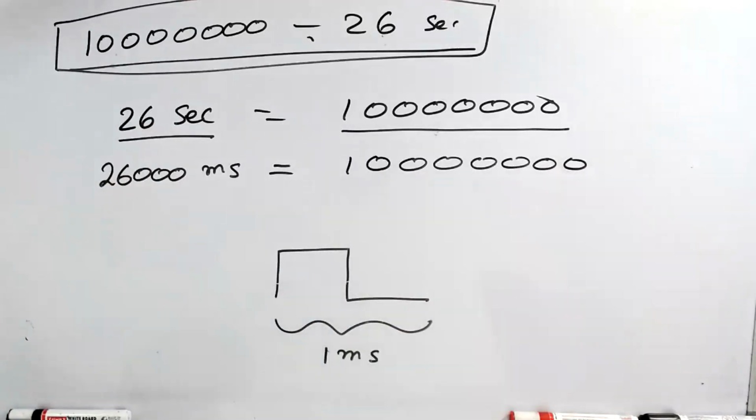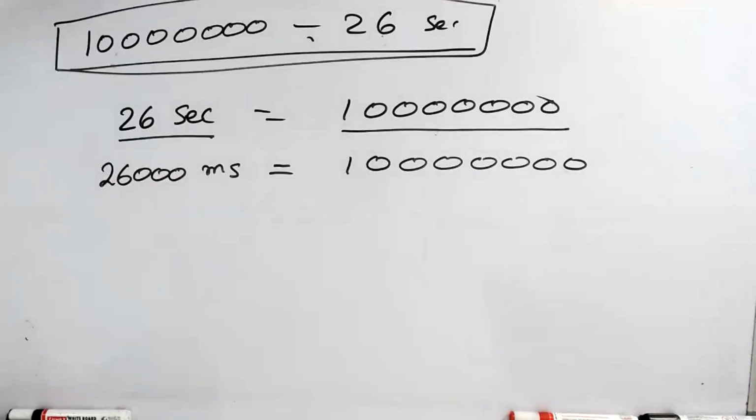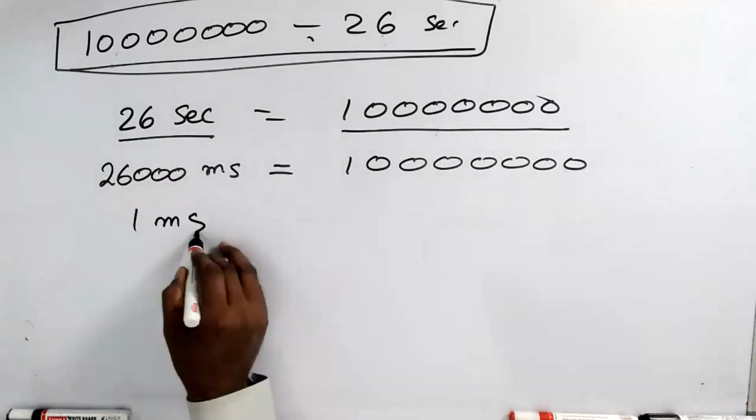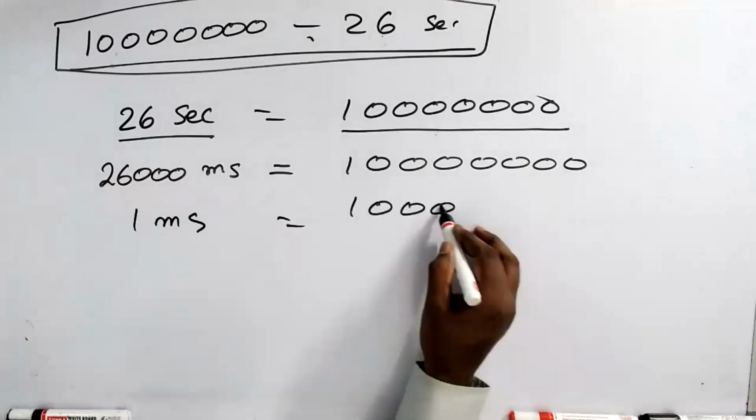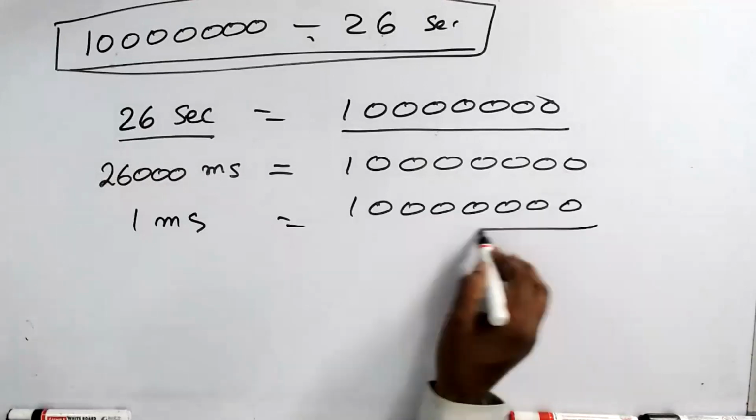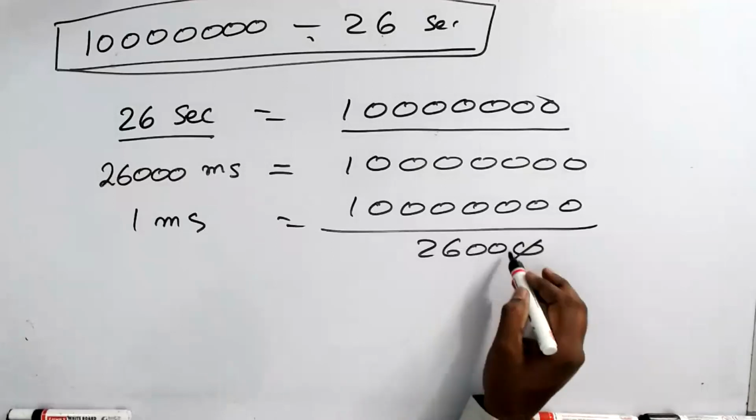Am I right? Simple mathematics. You should know how to use it. Now 1 millisecond is equal to 1 crore divided by 26,000. So 10,000 by 26.